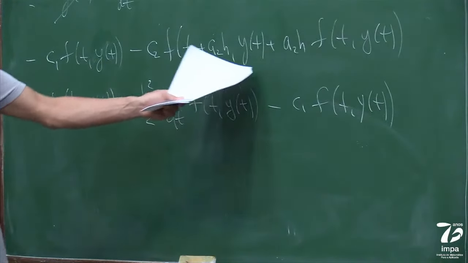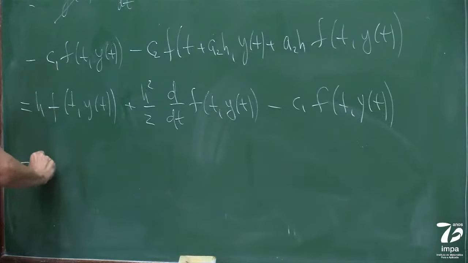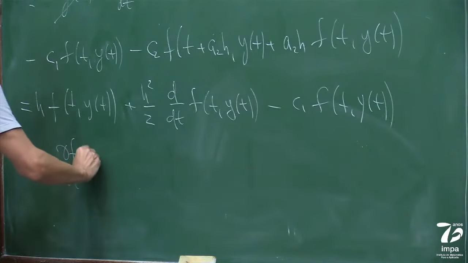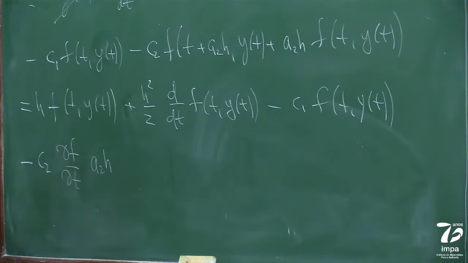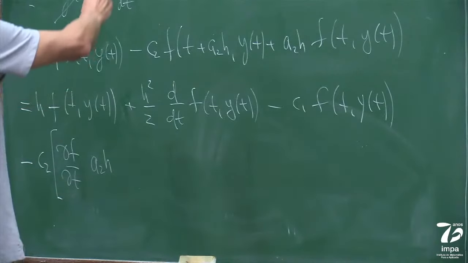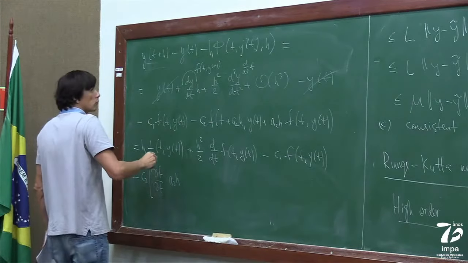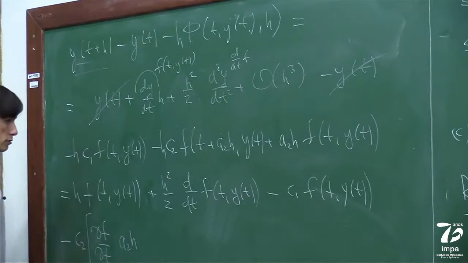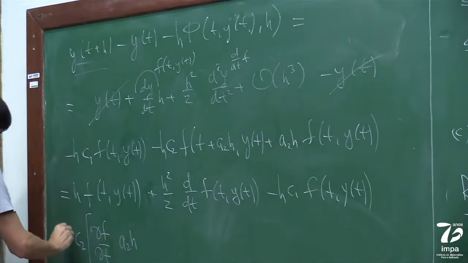And now expand this in Taylor. C2, so first take the derivative with respect to time, df/dt by A2 h, and then C2. Something is missing: h, of course, is missing. Okay, so there's h here, h here, h here, h here.